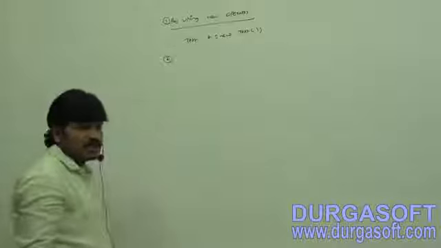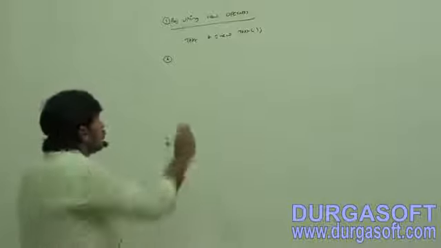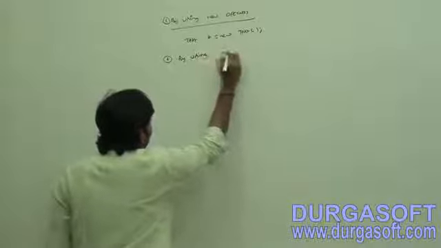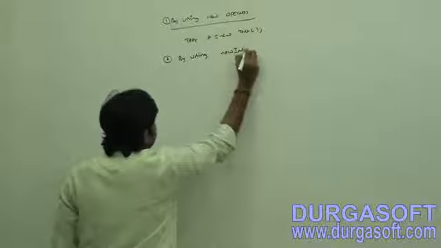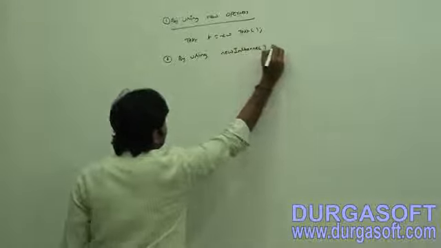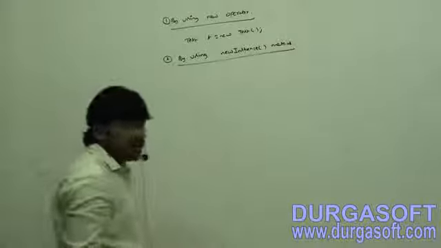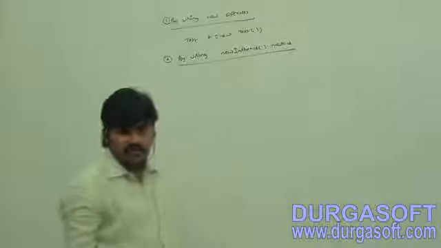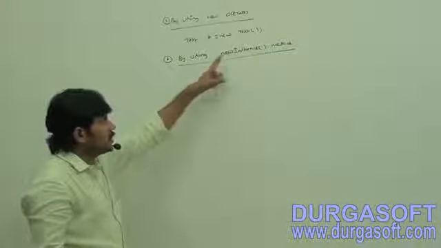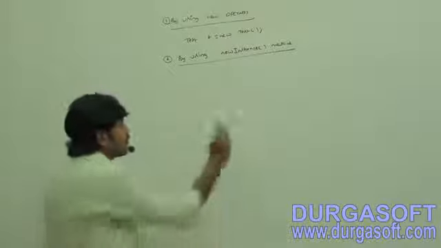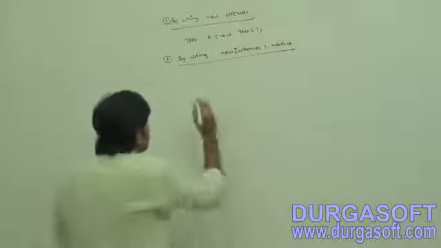The second way is by using the newInstance method. Some people may use this way, which is the reflection API. How can you create an object by using the newInstance method?